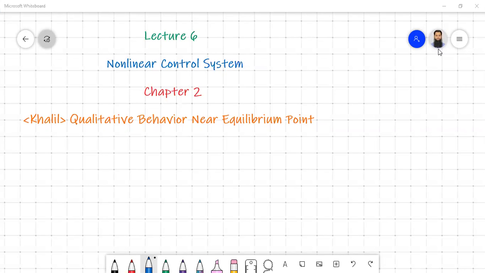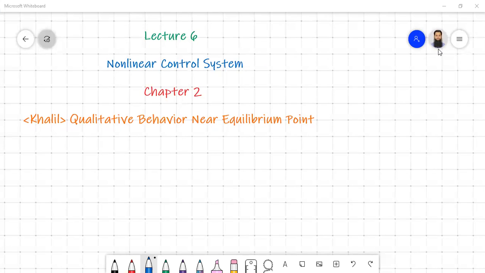Basically, in the last few weeks, we have followed the book Applied Nonlinear Control. One of the topics from the nonlinear control system book by Khalil was attracting my attention.